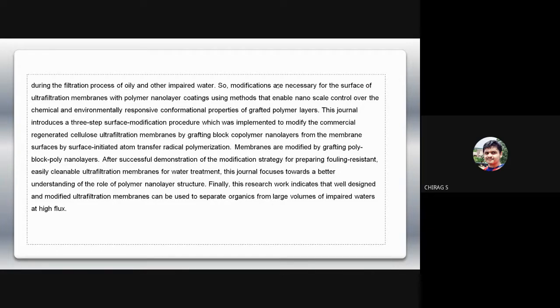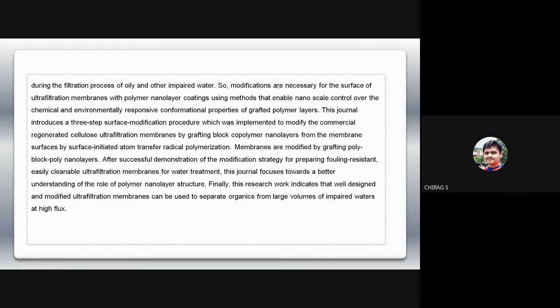So this journal introduces a three-step surface modification procedure which was implemented to modify the commercial regenerated cellulose ultrafiltration membranes by grafting block copolymer nanolayers from the membrane surfaces by surface initiated atom transfer radical polymerization.